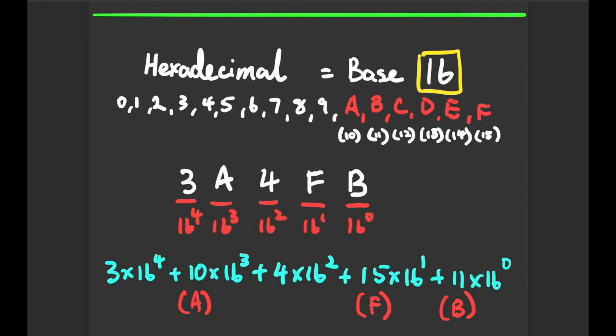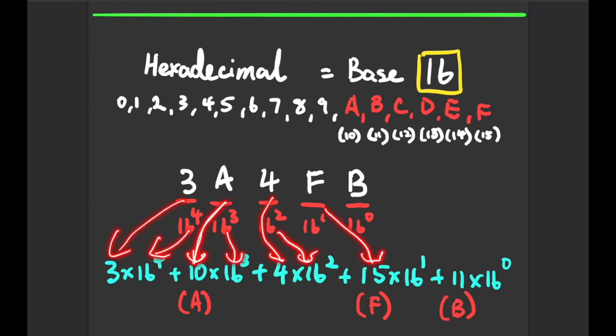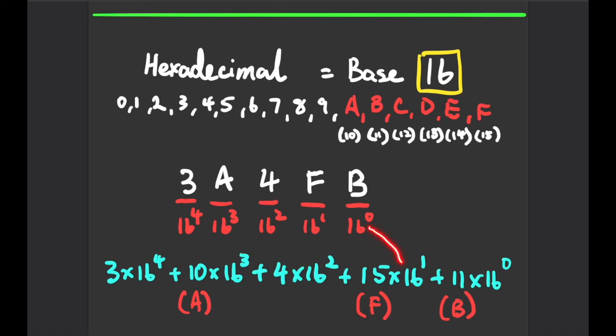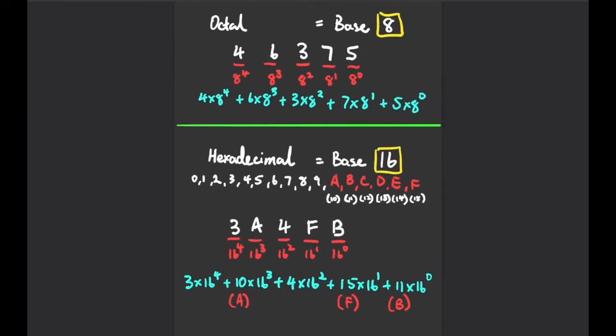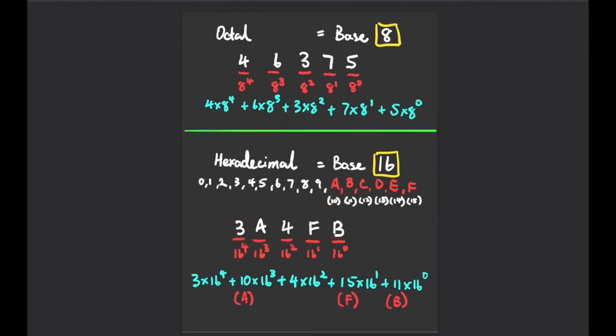If we were to convert this hexadecimal number into a decimal expression, we would perform the following: 3 times 16 to the 4th, 10, which is also A, times 16 to the 3rd, 4 times 16 to the 2nd, F, which is 15, times 16 to the 1st, and B, which is 11, times 16 to the 0th. This would be a conversion between the hexadecimal and the decimal number system.